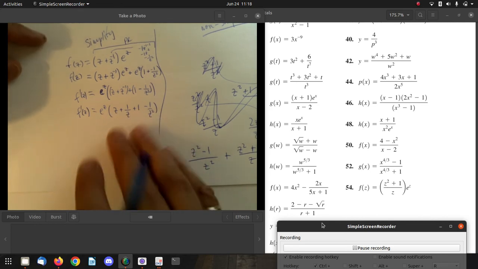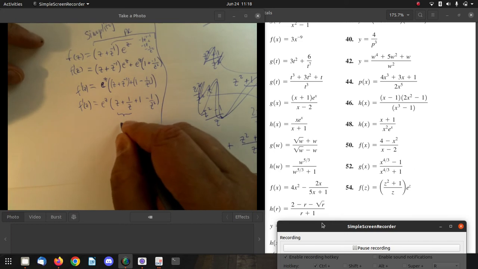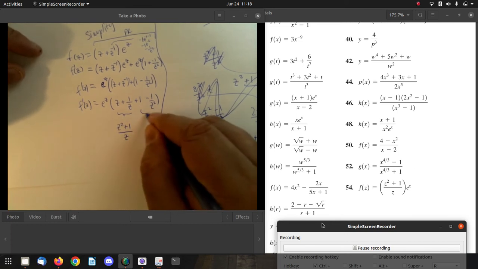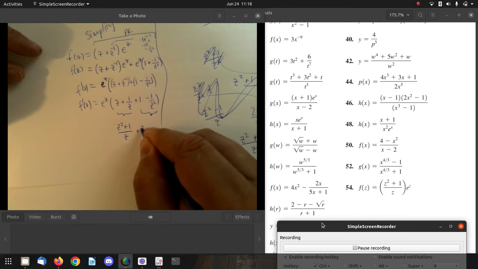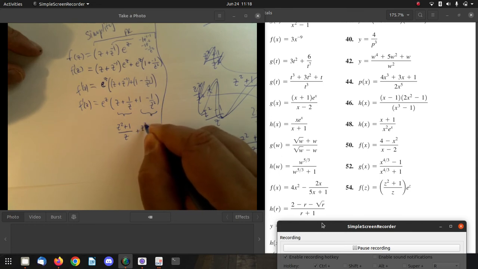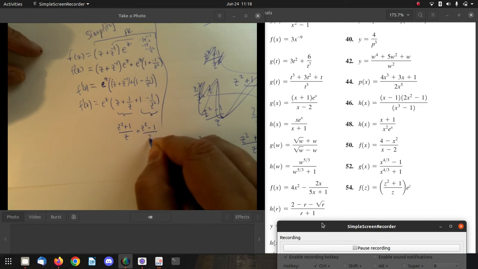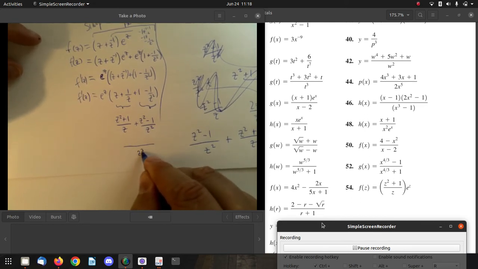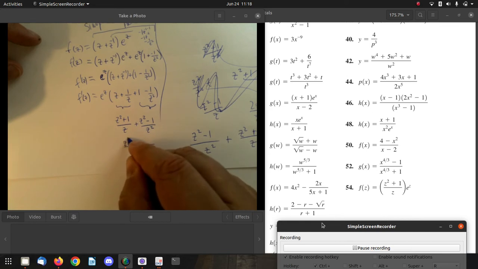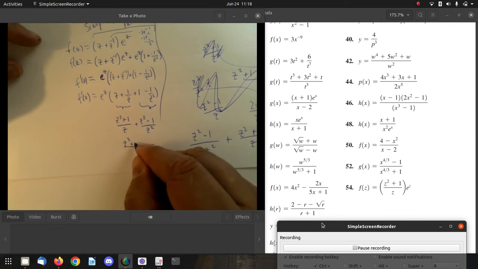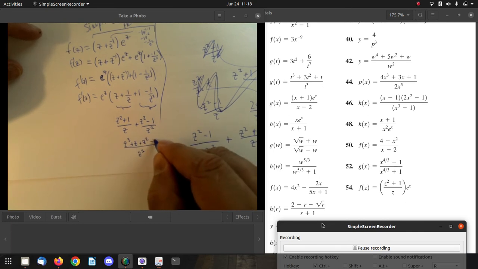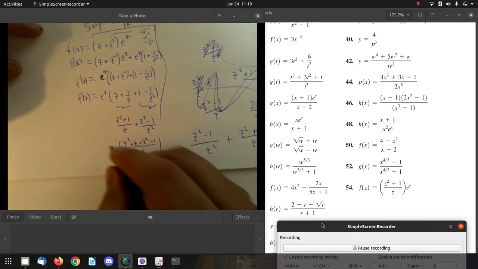But we can easily simplify this. This guy right here is going to be z squared plus 1 over z. This guy right here will be z squared minus 1 over z squared. And then all of that will simplify into z cubed plus z squared minus 1 over z cubed.